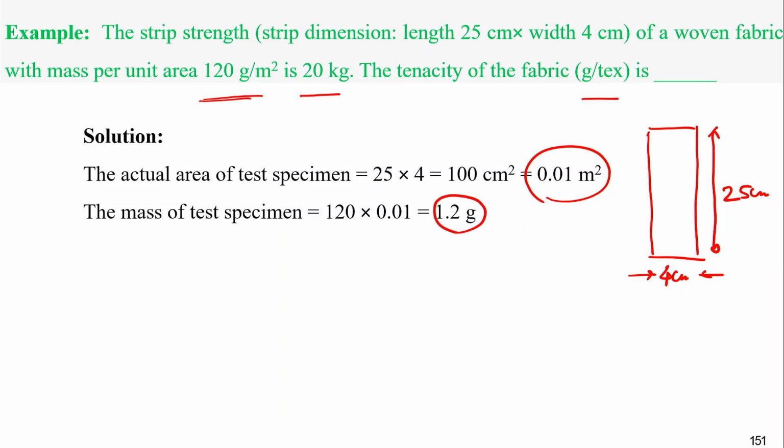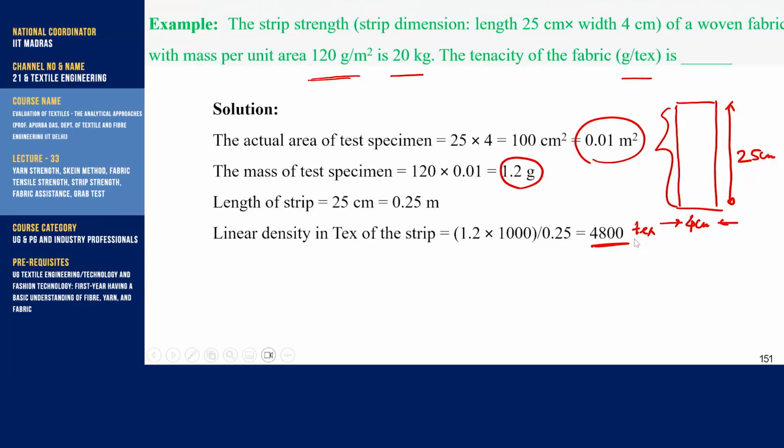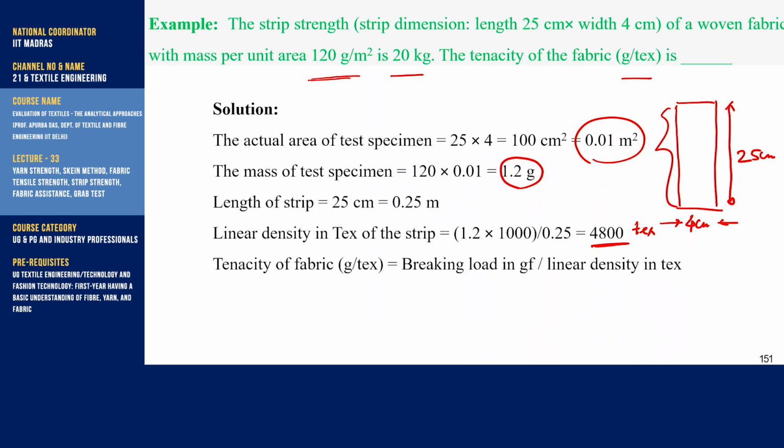From there we can calculate the tex of the specimen with the gauge length 25 centimeter. The tex of the strip is 4800 tex. That tex will be used to calculate the tenacity, and the breaking load is given 20 kg.